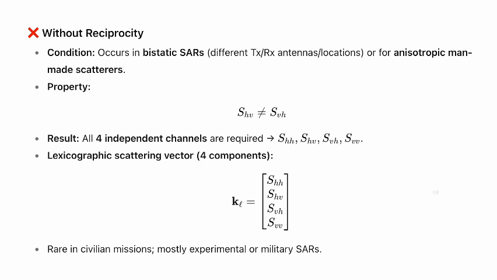Without reciprocity, which you might see in bistatic radars or uncommon anisotropic scatterers, SHV is not equal to SVH. Then all four channels are independent and the lexicographic scattering vector becomes as shown here. Non-reciprocal data are rare in civilian datasets, but you should be aware of them when working with experimental or bistatic systems.